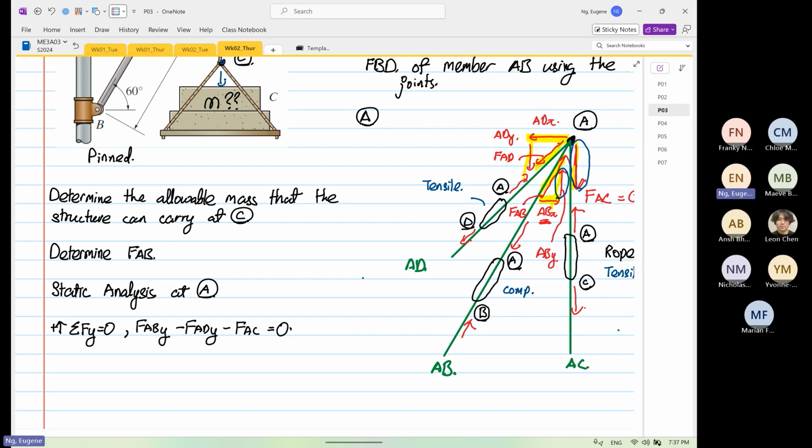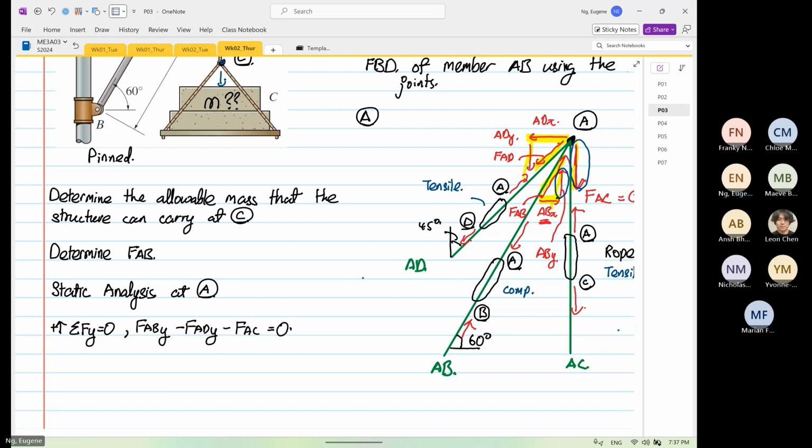So we're going to do this in terms of FAB. We are aware that this angle given to us is 60 degrees, and this angle is 45 degrees.